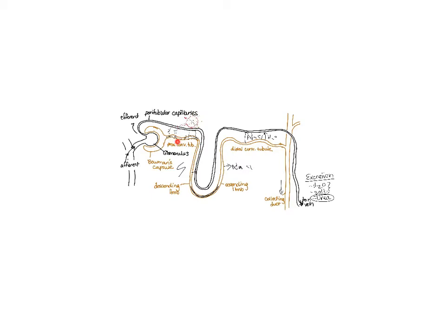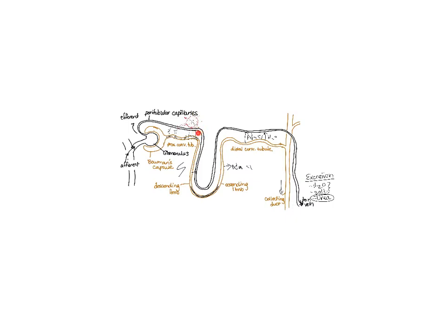So you've got this high concentration of glucose and amino acids, urea, different salts, and water. The glucose and the amino acids, because of their high importance to the body, need to be reclaimed. So active transport is going to pump that and reclaim that back into the peritubular capillaries so that it can stay in the blood system and not be excreted as waste.